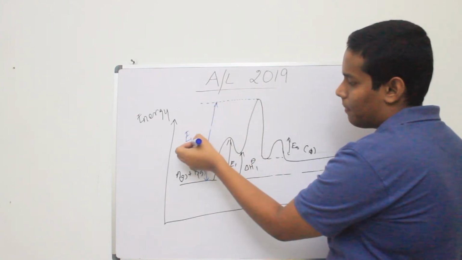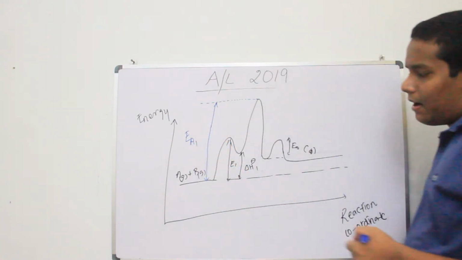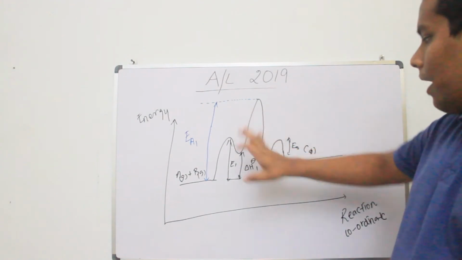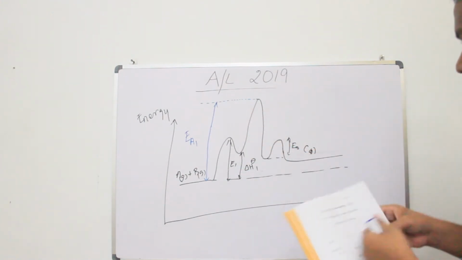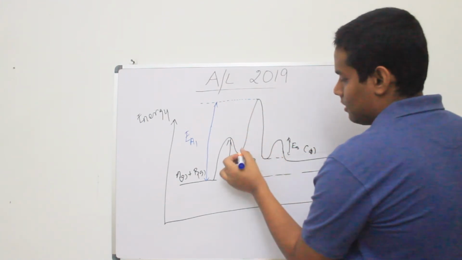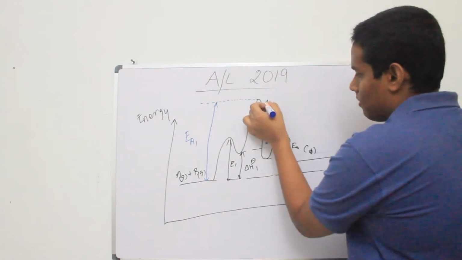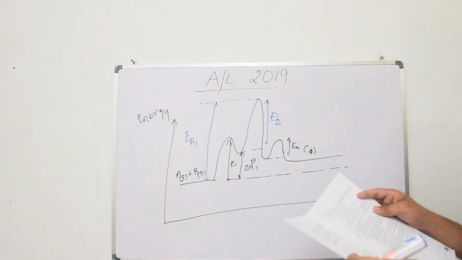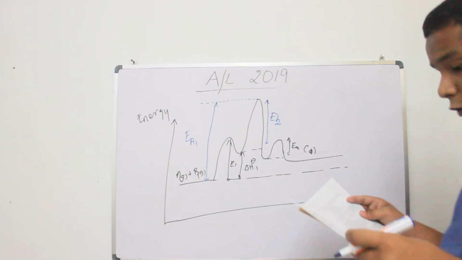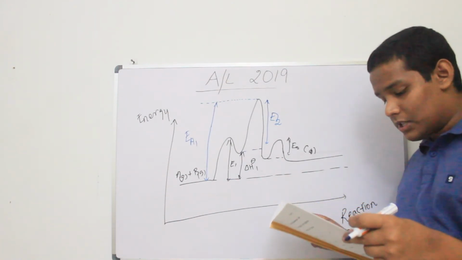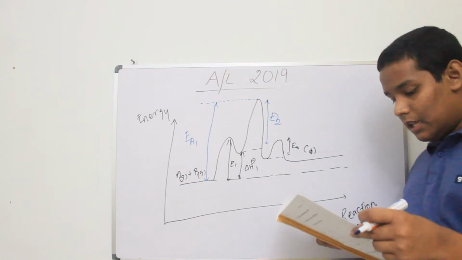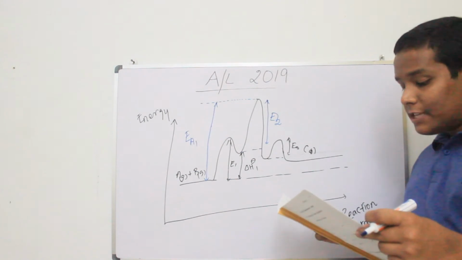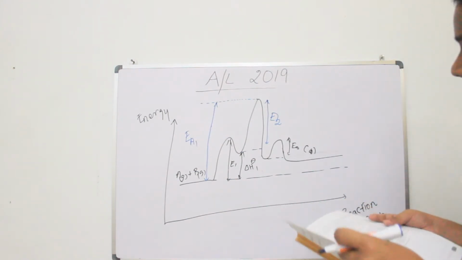This is EA1. This is E1, this is E2. If you are to speak properly, it is delta H plus E2, but not exactly delta H plus E2. It should be a bit greater than delta H plus E2.